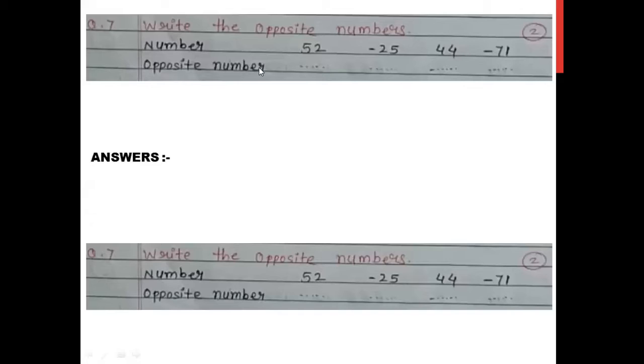Now the next question. Write the opposite numbers. Now the numbers are 52, negative 25, 45 and negative 71.